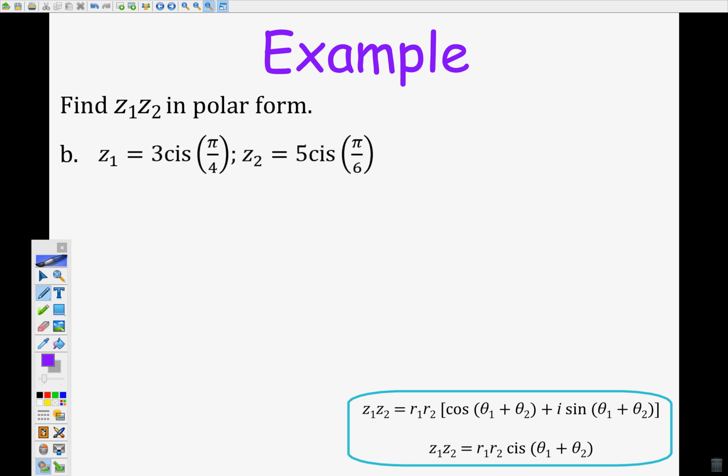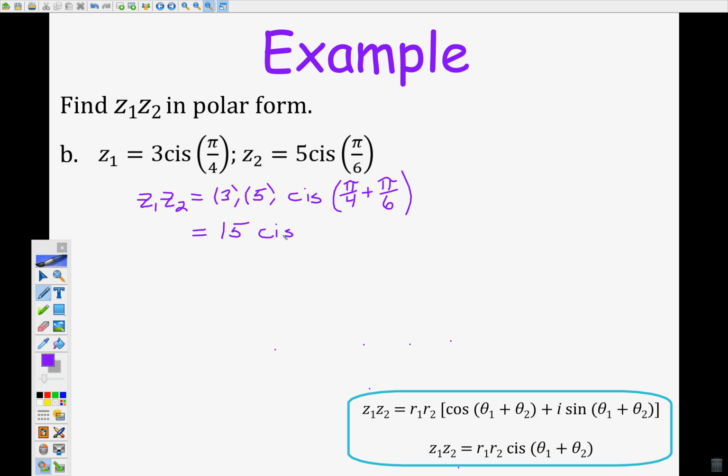Let's do one more, this time in terms of radians. Still the same concept, we just have to deal with the fractions a little bit more. So if I'm going to multiply z1 times z2, I'm going to take 3 times 5, and then I'm going to take my angles, pi over 4 plus pi over 6. And this part isn't quite so much fun because we have to deal with common denominators. 3 times 5 is pretty easy.